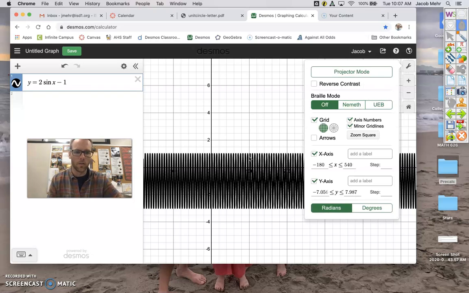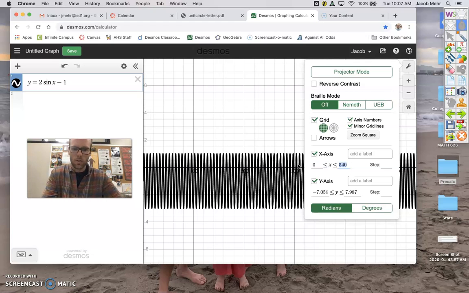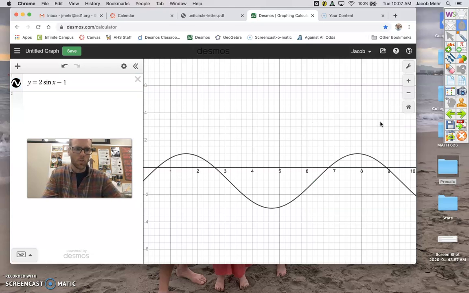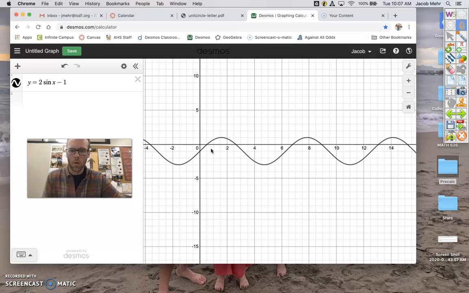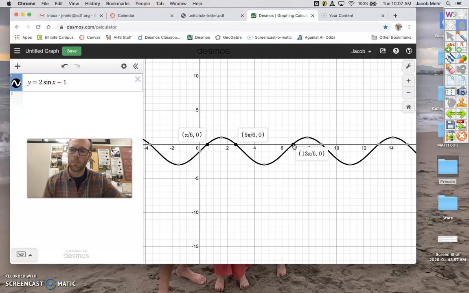Let's go back to radians. And let's just go 0 out to 10. I'll just zoom out from there. Okay, so here's our first solution, pi over 6. Here's our next one at 5 pi over 6. Where is the next time it's equal to 0? At 13 pi over 6.